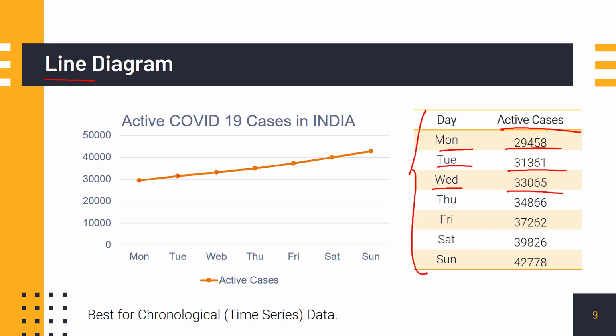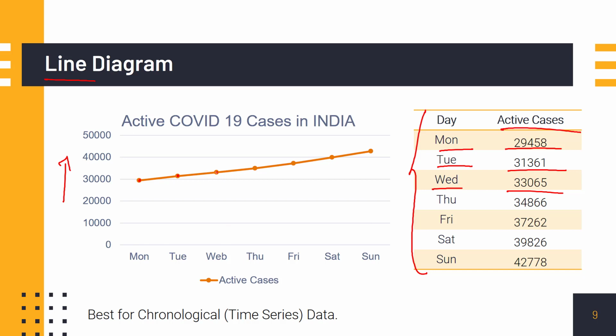So here along the x-axis we will plot the different days, that means from Monday to Sunday, and along the y-axis we will plot the different frequencies, right? So on Monday we have approximately 29,500, so it is plotted close to 30,000. On Tuesday we have more than 30,000, so this is the value.